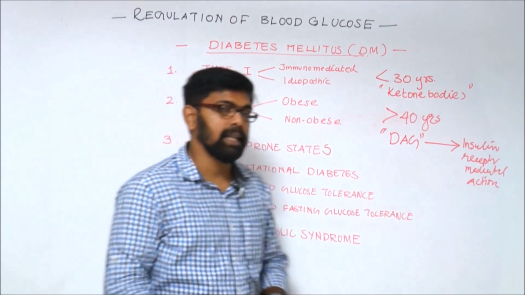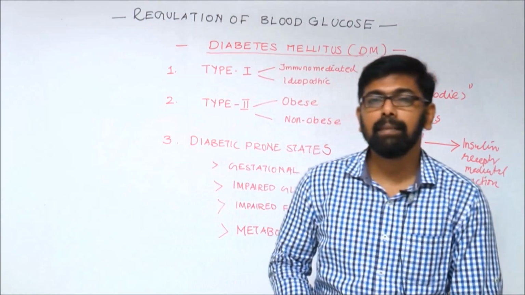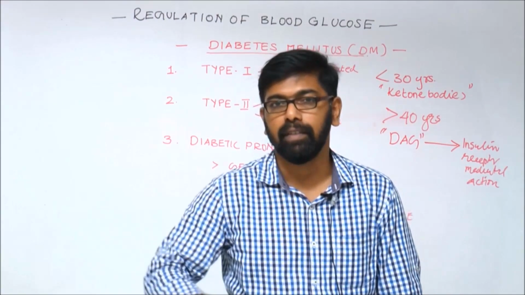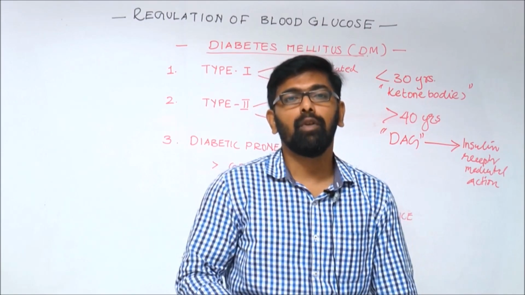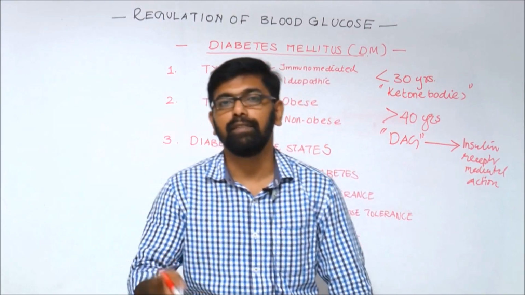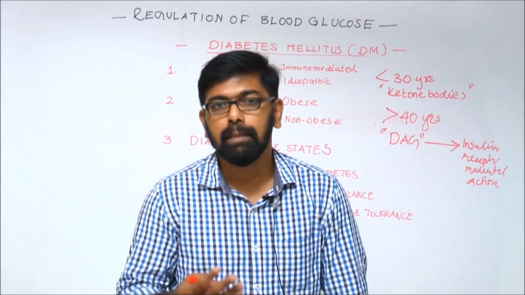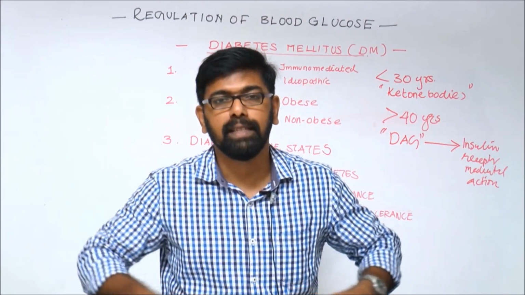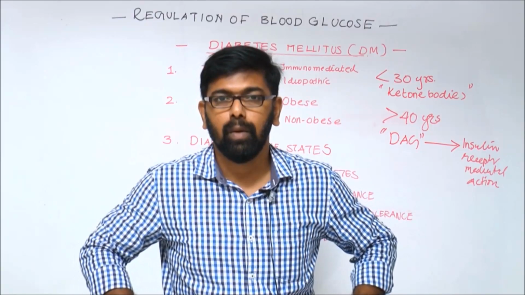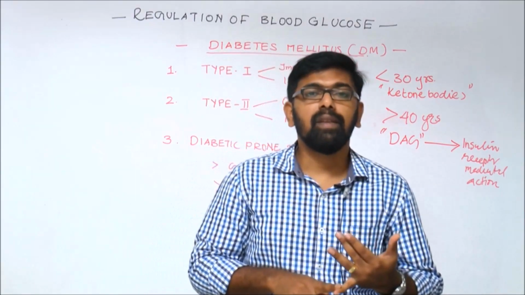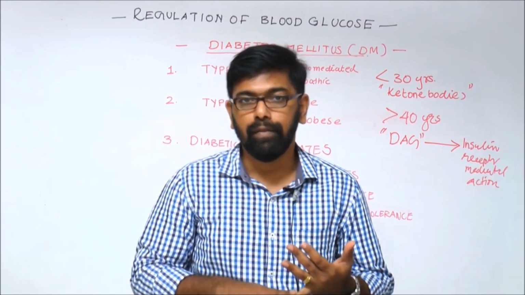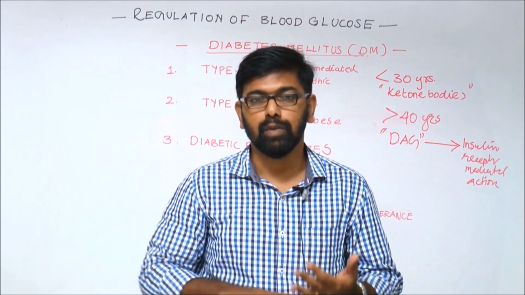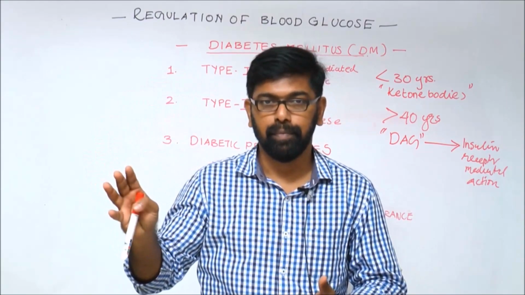Then there is one particular condition called metabolic syndrome. Nowadays it is more prevalent. What are the features of metabolic syndrome? The person will have abdominal obesity, obesity around the abdomen. Triglyceride values will be more than 150 milligrams per deciliter, so hypertriglyceridemia.